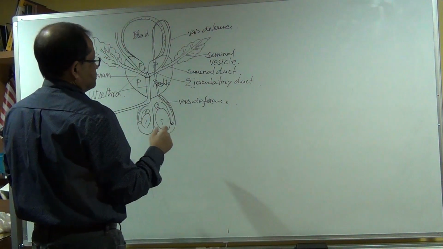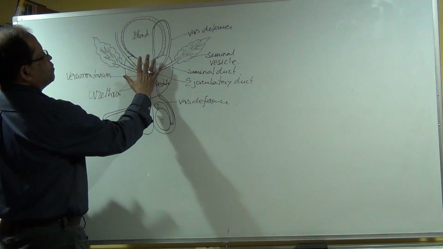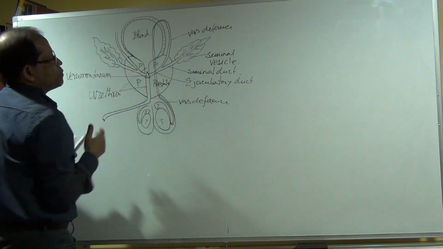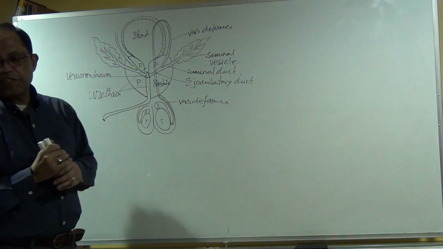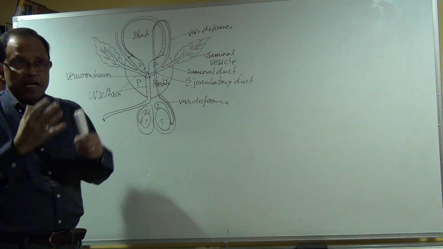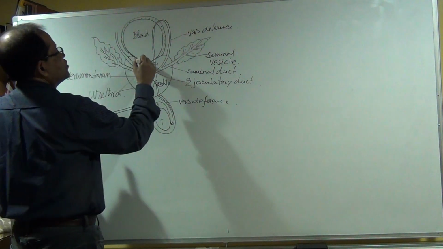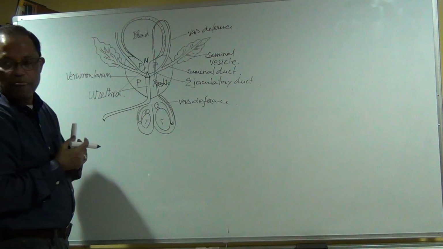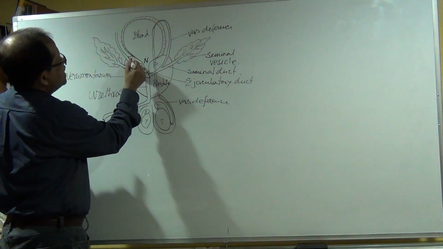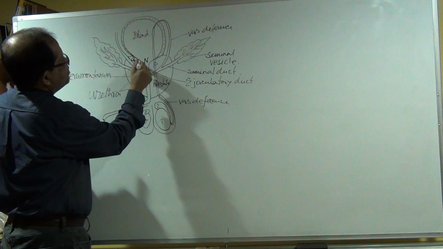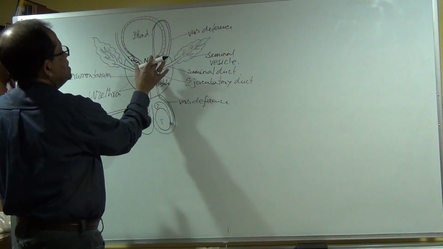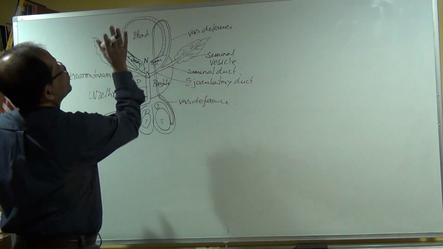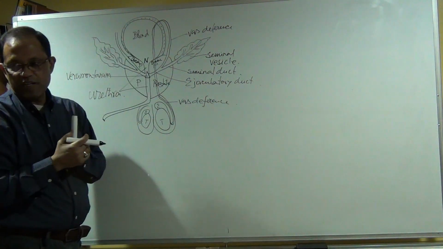So now, look at the functions of the prostate gland and its relationships. The prostate gland is chestnut shaped. It is inferior to the bladder. So this is the neck of the bladder, and this is the base of the prostate gland. Base. So the base of the prostate gland is with the neck of the bladder.